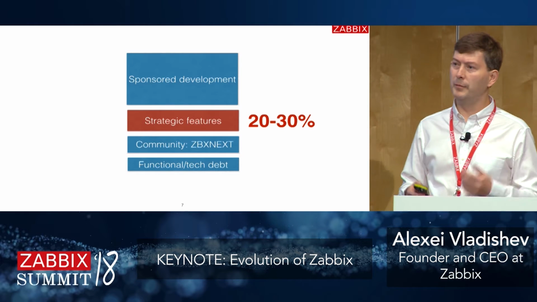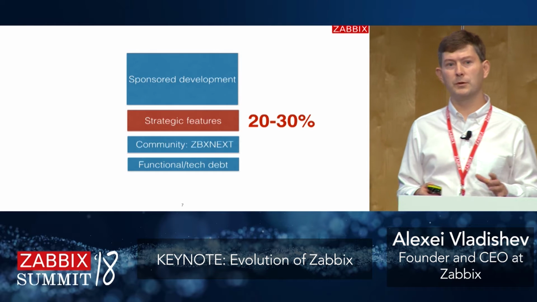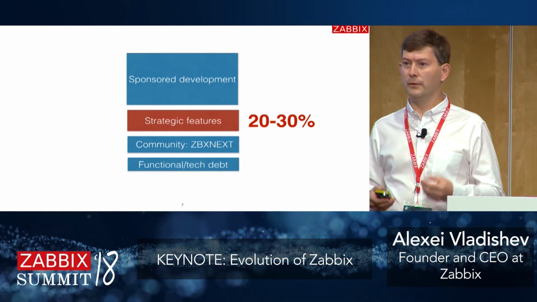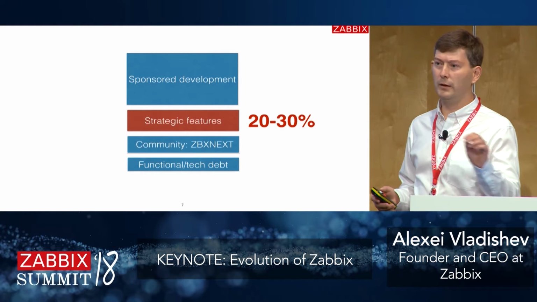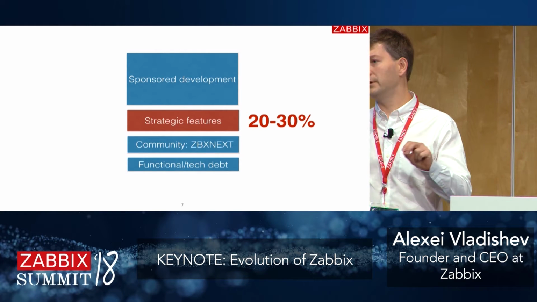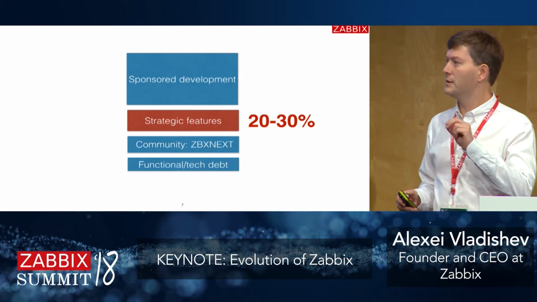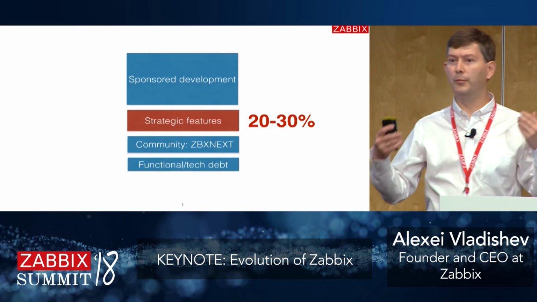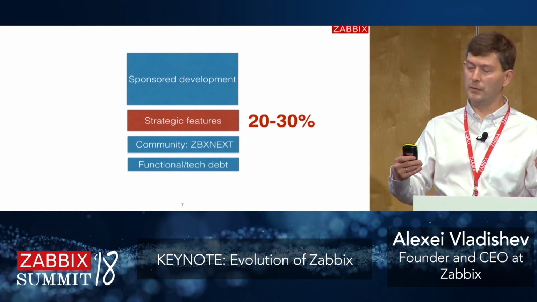The rest, a big portion, comes from sponsored development. Sponsored development is really important for us. It brings some revenue, and those features are really nice. We don't do any customer-specific development. If we decide to implement something in Zabbix, it is a nice feature, but maybe not that important in the long term for Zabbix.